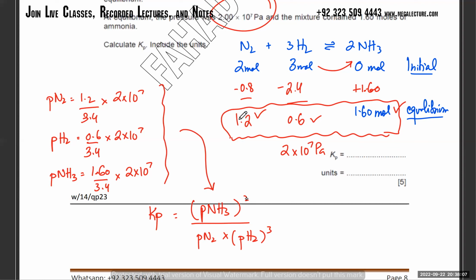Sir, मेरा 1.0 into 10 power -6 आ रहा है. Whole thing, right? Sir, एक second. ठीक है. Sir, मेरे 1.07 into 10 to the 10 power क्या?